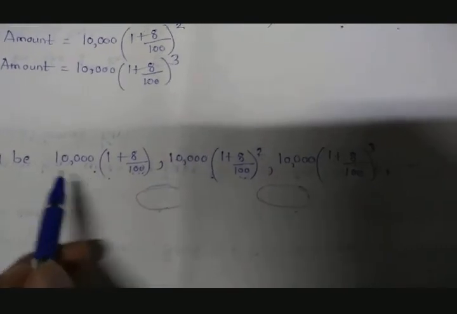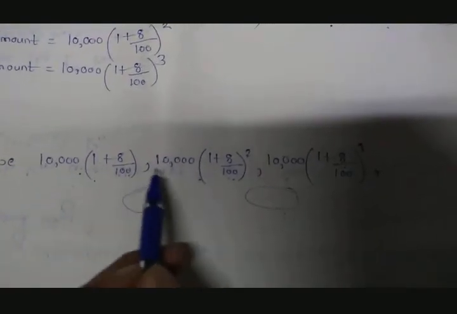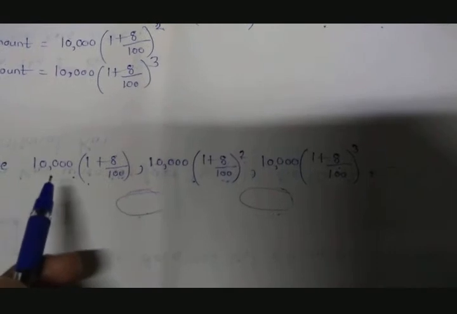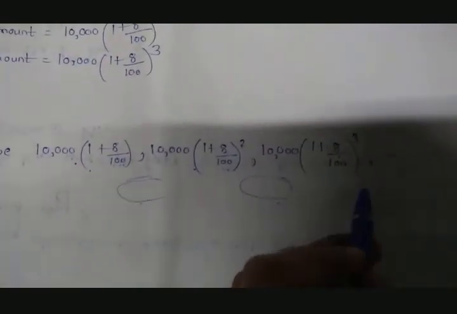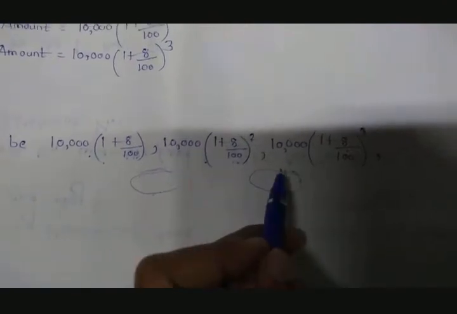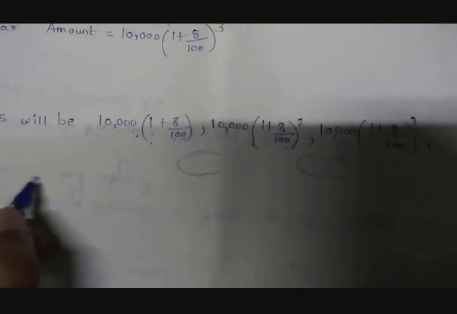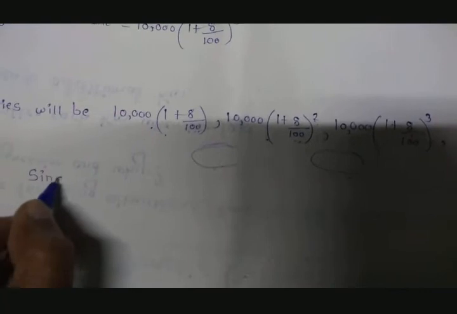Why? Because each year you get a much higher amount than the previous year, and hence the common difference of these terms is not the same. Hence we conclude that this particular series does not form an arithmetic progression. So you have to write the reason.